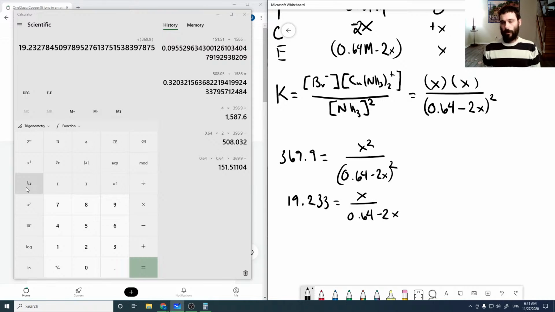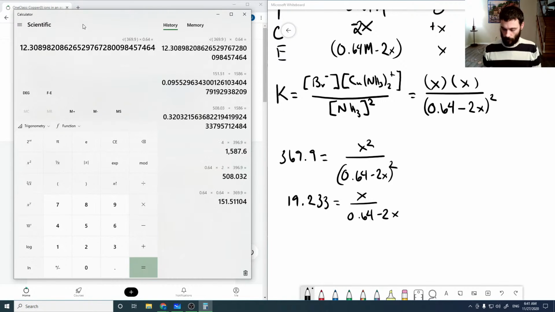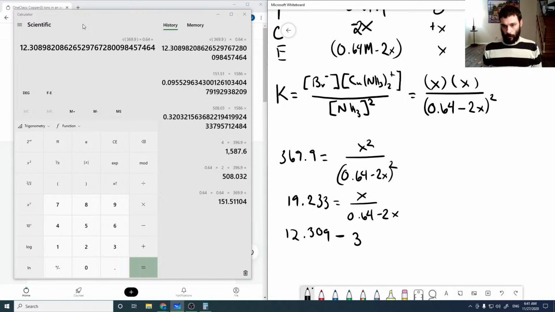We can pull the denominator up, so that'll be times 0.64, and so we're going to end up with 12.309 minus 38.466x equals x.